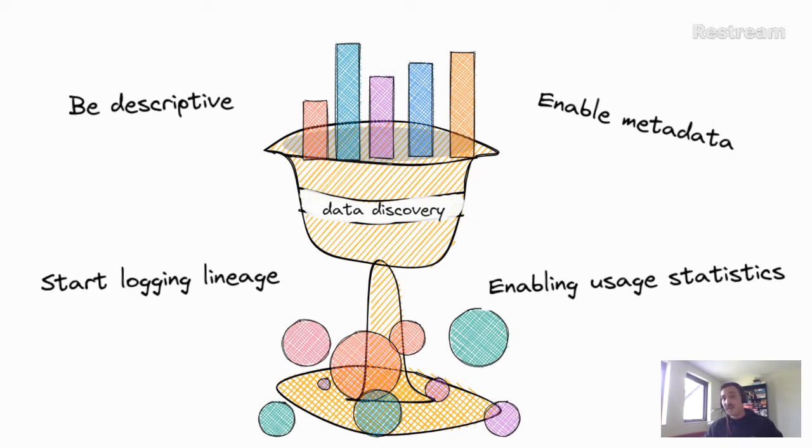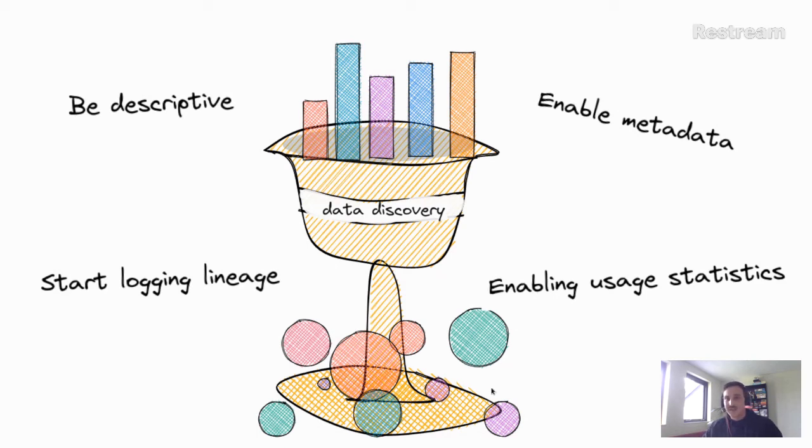One is by inputting the metadata everywhere, or maybe logging pipeline steps to a different table, which you can then aggregate upon again. Enable usage statistics. For us, this means that we are using audit logs to determine who is querying certain tables and how often they are querying those tables.